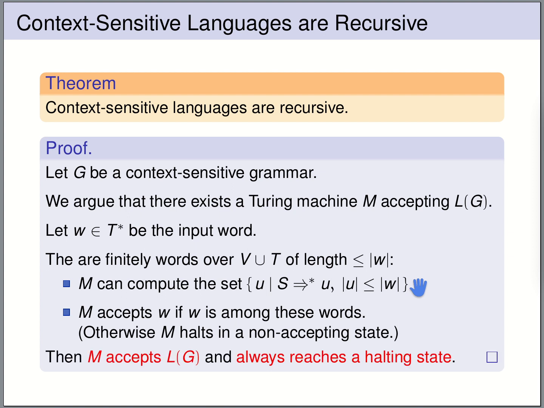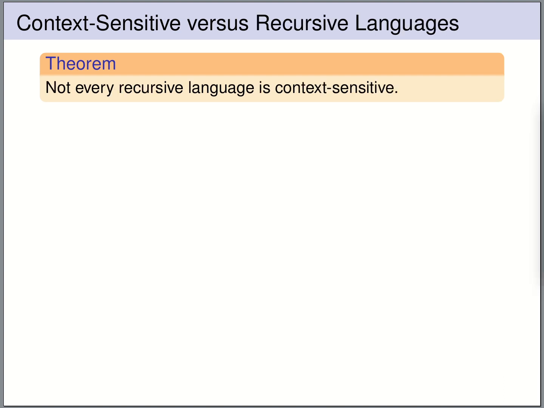Our Turing machine accepts the same language as generated by the grammar, and it always reaches a halting state, so the language of the grammar G is recursive. Next, we are going to show that the class of recursive languages is strictly larger than the class of context-sensitive languages. So we are going to prove that there exist recursive languages that are not context-sensitive.